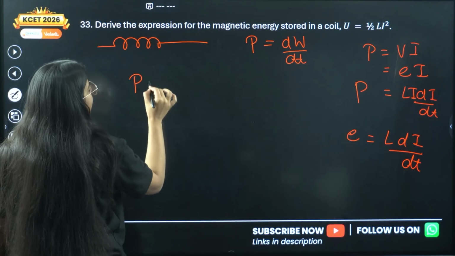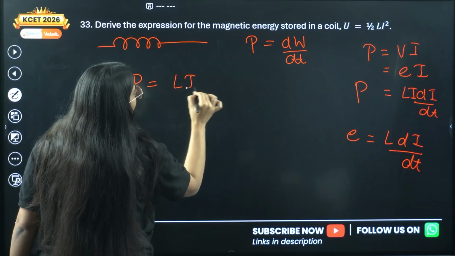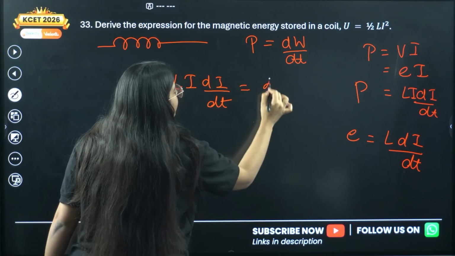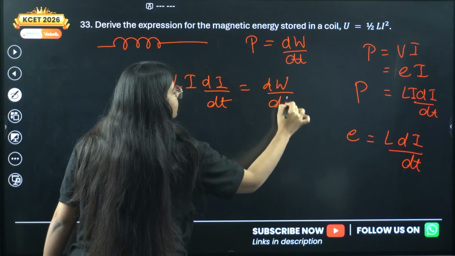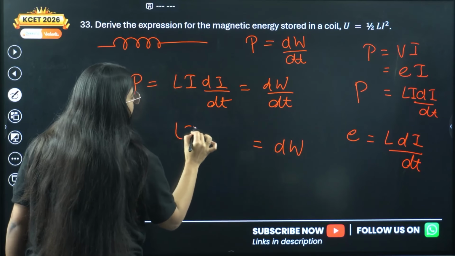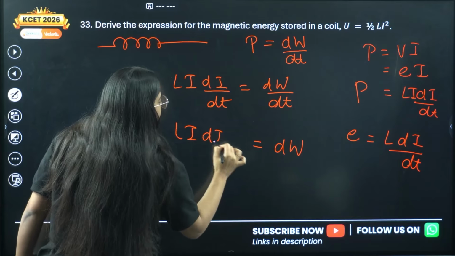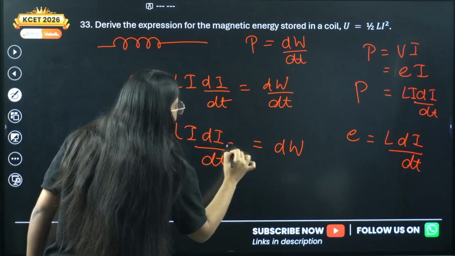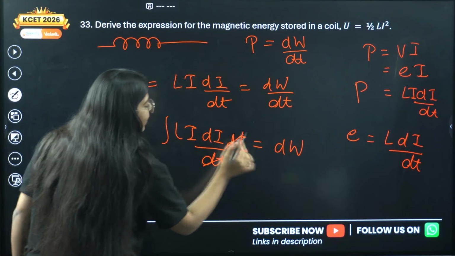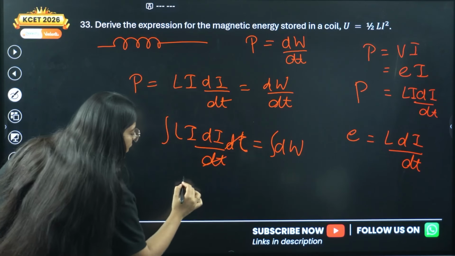So can I write power as L I di/dt equals dW/dt? Correct? The dt cancels out, and while integrating both sides, L comes out.